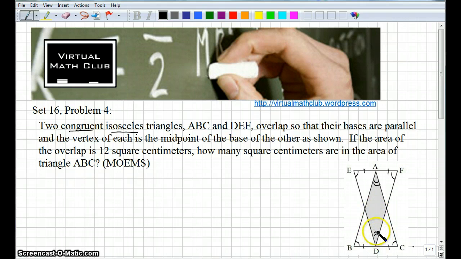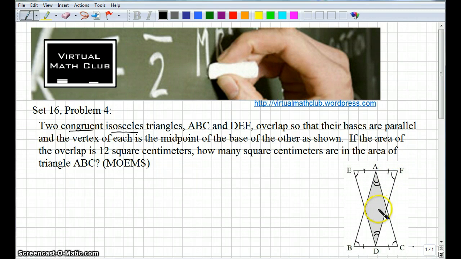Now I marked those with 2 arcs instead of 1 because they aren't necessarily the same as these other angles at E, F and B, C. If they were, they'd be 2 equilateral triangles, but it doesn't say they're equilateral, it just says they're isosceles. And equilateral is just a special case of isosceles where all the side lengths and all the angles are equal. But we don't have that information. So I just marked that with 2 marks instead of 1 to indicate that it's not the same angle as the one marked with 1.